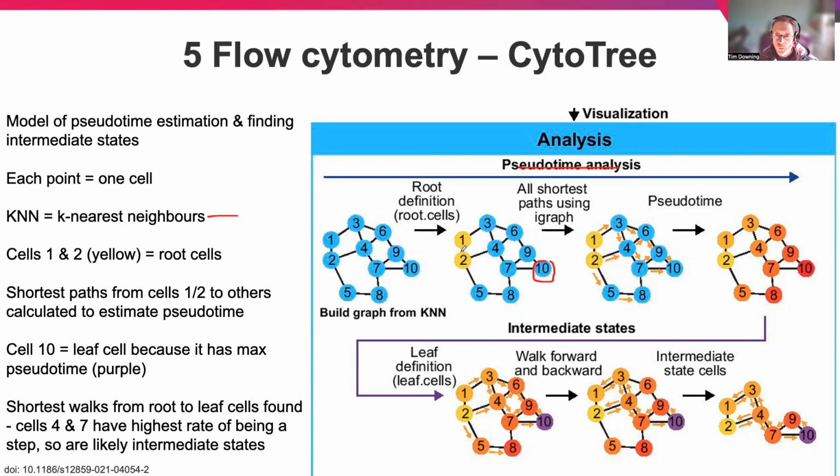So you can see here that 1 and 2 would wander through mainly 4, 7, and 9, but also could go through 3, 4, 7, and 9 in the case of cell type 1 as well. So what it looks for is the shortest walks from the root to the leaves, and these represent the intermediate states.